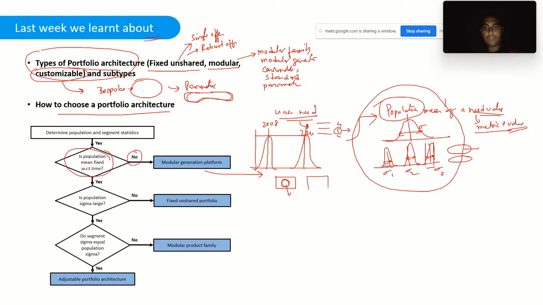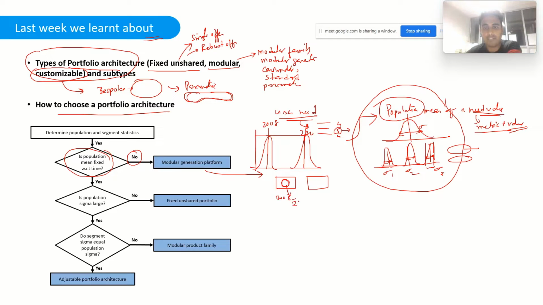In 2008, if you are using a lens you can do 2x zoom, in 2020 probably you need a 4x zoom. So this is what is called generation platform.